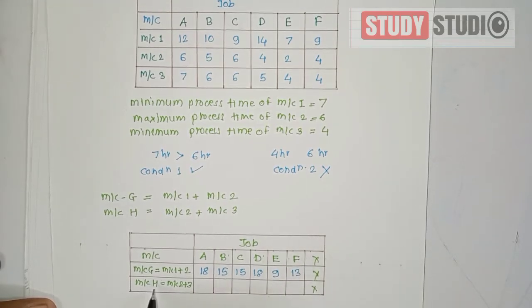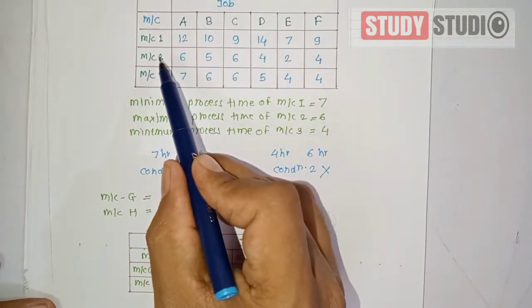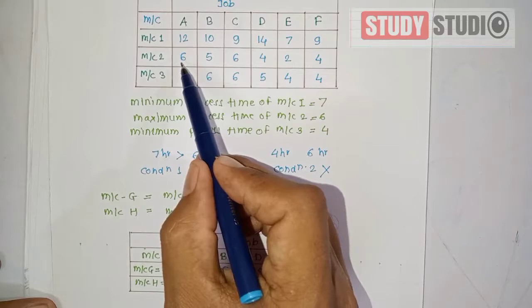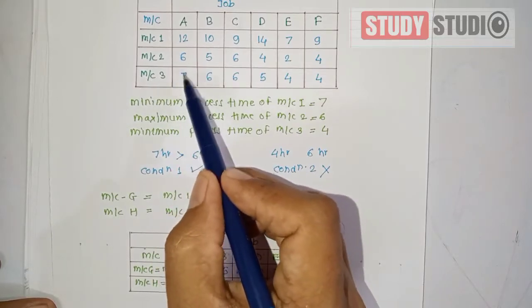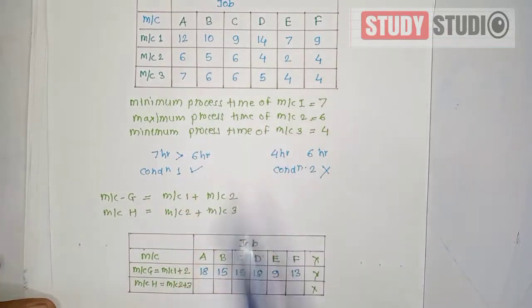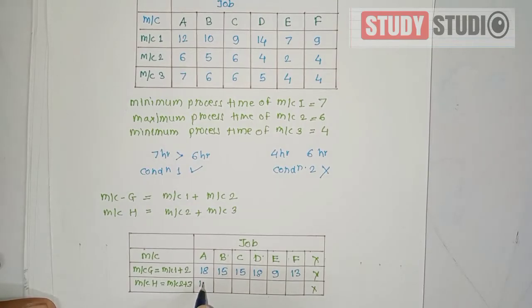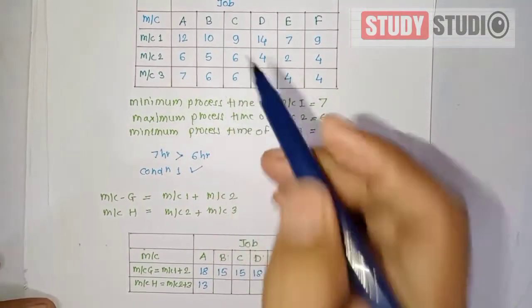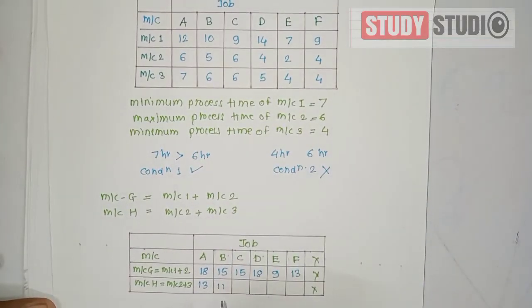Similarly for machine H, it is the combination of machine 2 plus machine 3. For job A, machine 2 takes 6 hours, machine 3 takes 7 hours. So 6 plus 7, that is 13. Then for job B, it is 5 plus 6, it is 11.